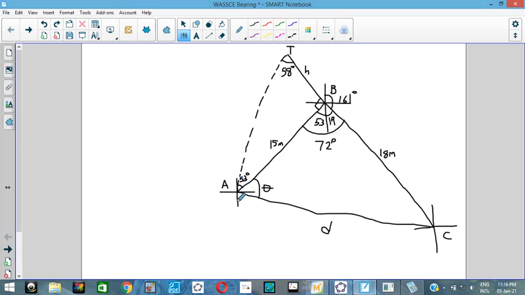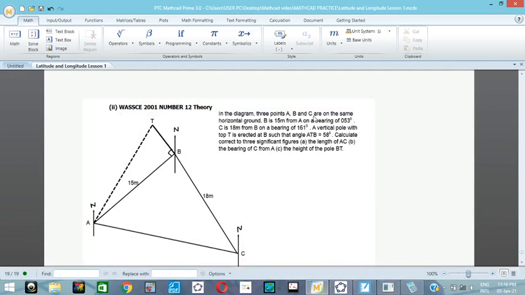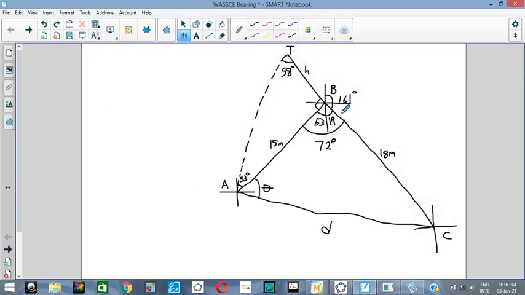Then I turn 53 degrees bearing to B. So from A on a bearing of 53 degrees going to B. Then from B we turn 161 degrees before going to C, which is 18 meter.